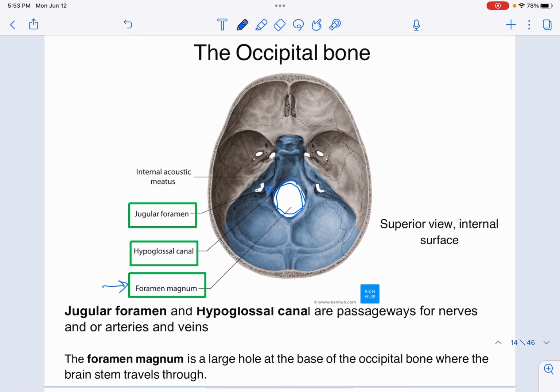Immediately lateral to that are two little holes, and they're called the jugular foramen. They're on each side. The jugular vein is going to travel through that hole.